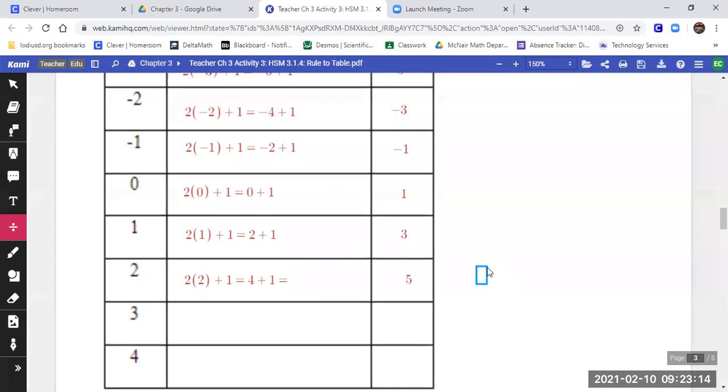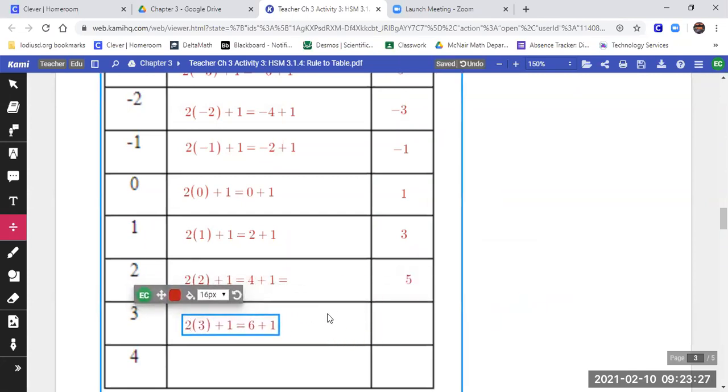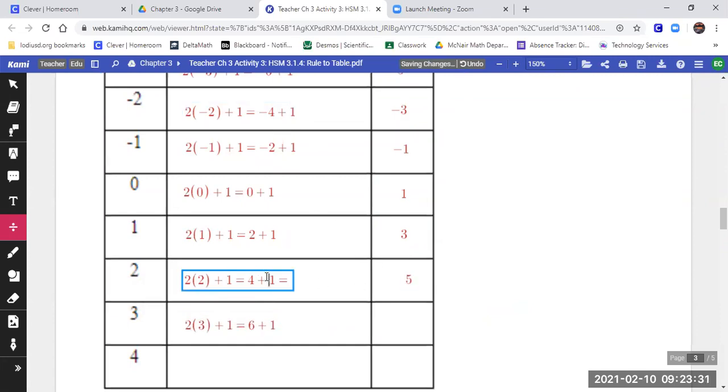So we're going to put 2 times 3, because that's my x is 3 this time, plus 1. 2 times 3 is 6, plus 1. So our final answer is going to be, what's our final answer going to be? 7.